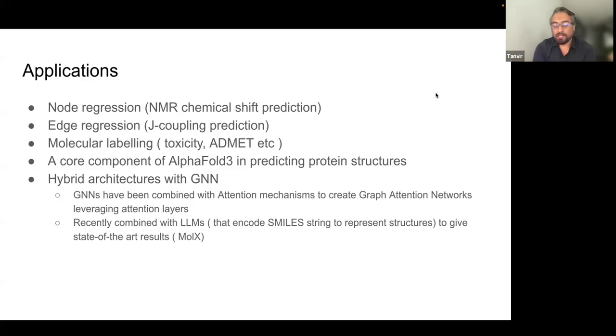The paper is named Molex, and it has beaten the state of the art in a few, I think, molecular property prediction tasks. But these are ideas that demonstrate the usefulness and how you can combine it with other architectures to solve different kinds of downstream problems.